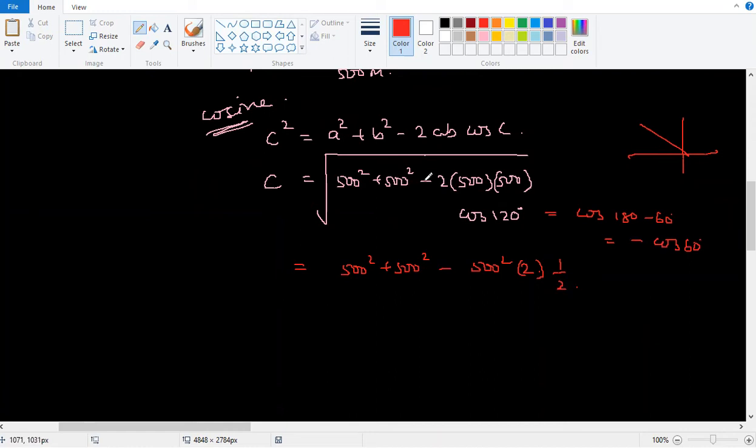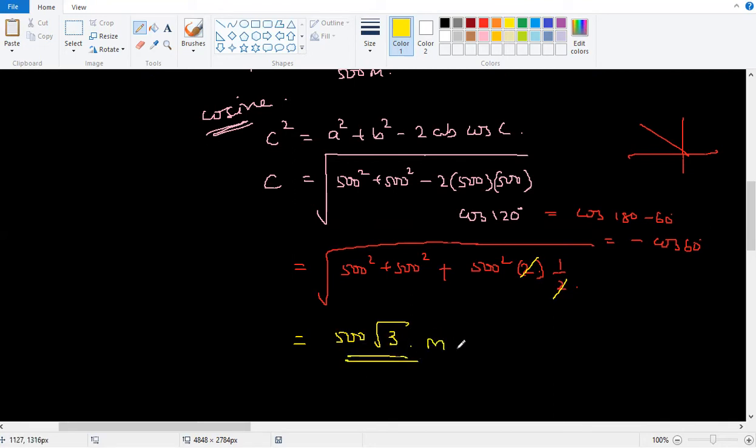Minus of minus will become plus. So I can cancel this 2 and this 2. Cos 60 is 1 by 2. So this will become 3 times 500 squared. 500 squared will come out. So what is left is root 3 inside. So that will be the displacement.